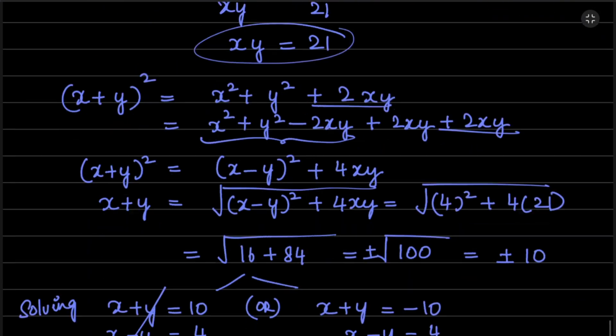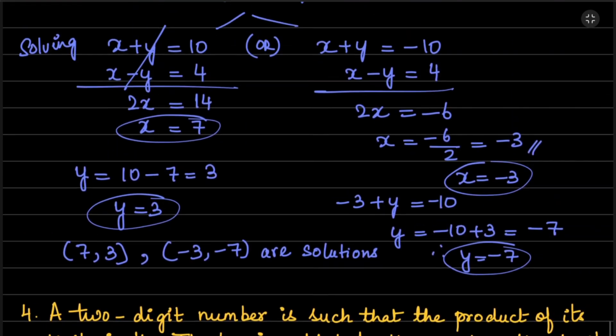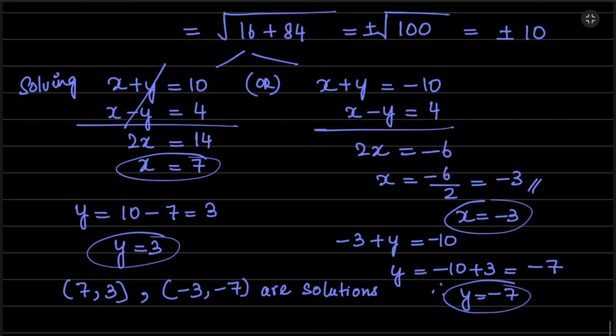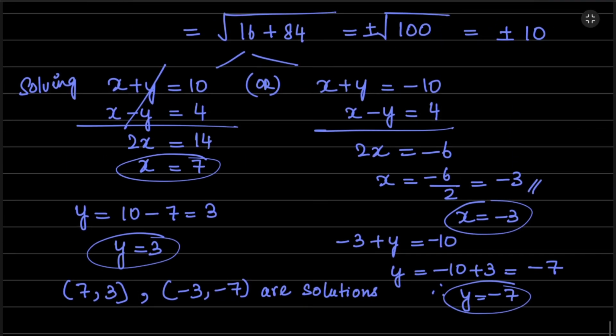Right? So what are the numbers? 7 and 3 are the numbers, and the other possible numbers are minus 3 and minus 7. These are the two numbers which are possible. Is it correct? Okay. I hope you understood.